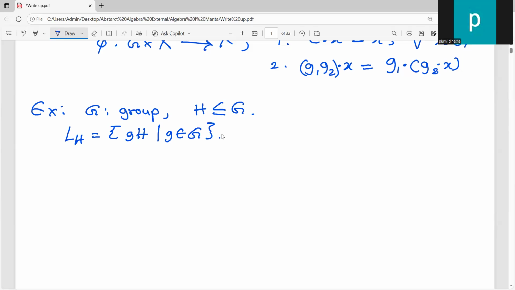Right? So in this case, we say that L sub H is a G-set. In other words, the group G acts on this set, and the group action, we define it in this way.